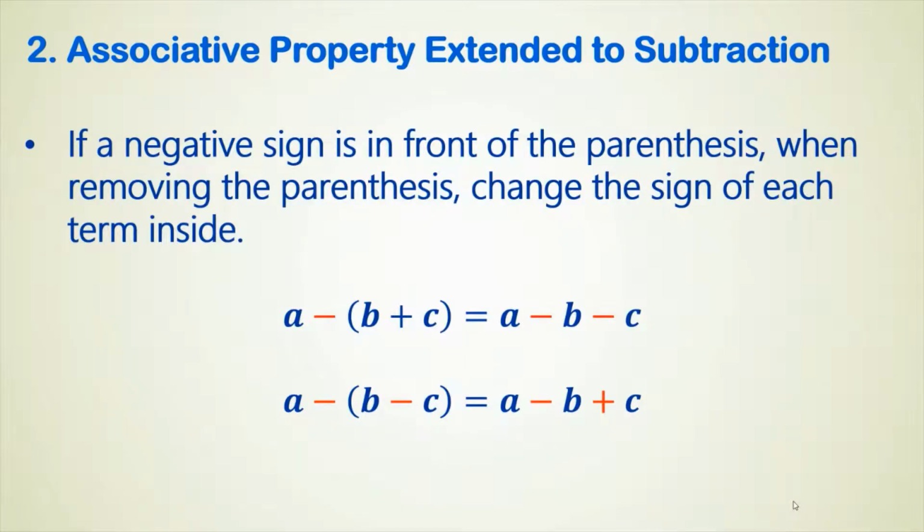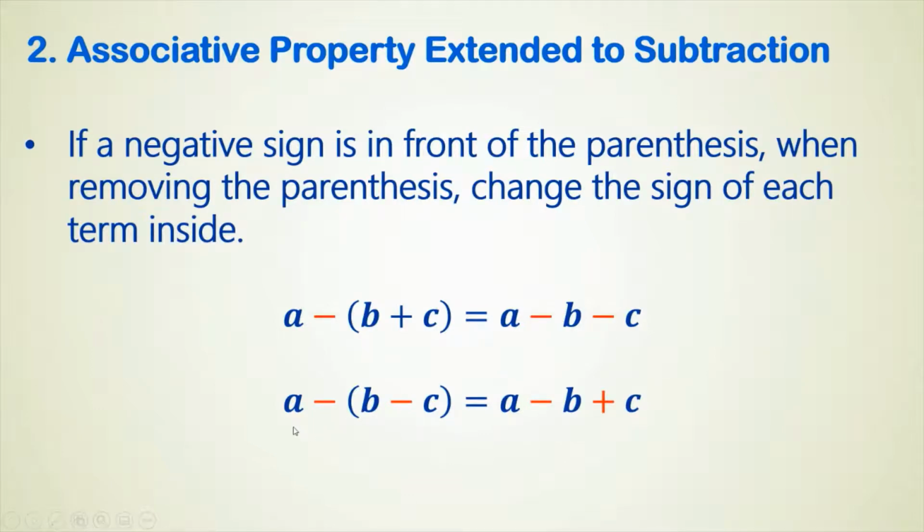So a review from our previous lecture: in an expression, if a negative sign is in front of the parentheses, when we remove the parentheses, we change the sign of each term inside. So a minus parentheses b plus c is equal to a minus b minus c without the parentheses.